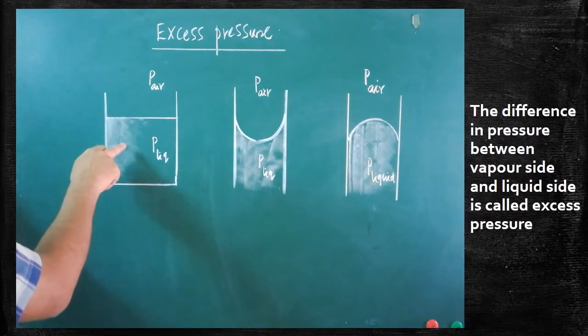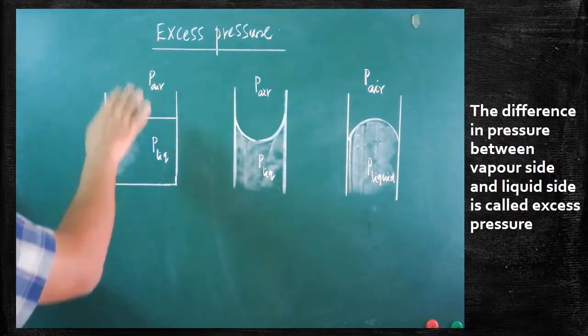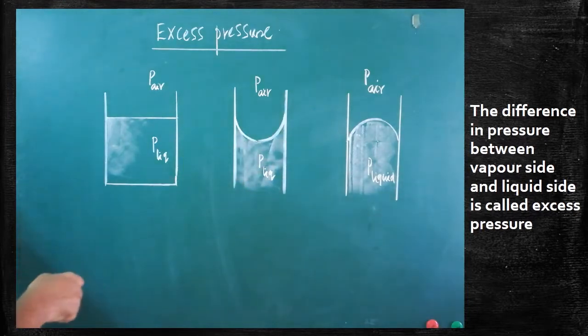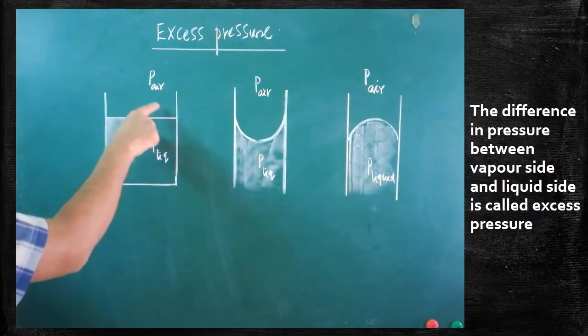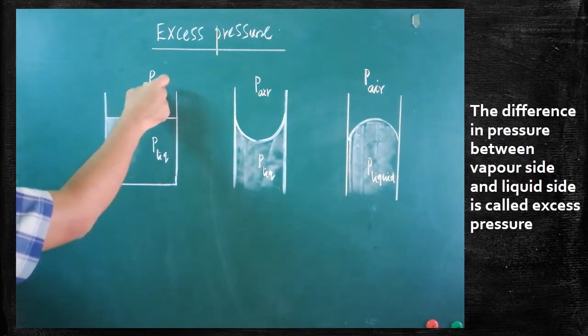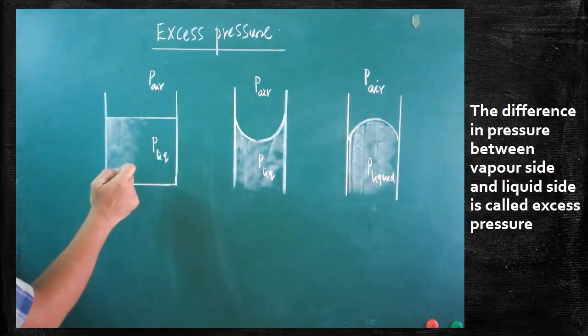First, we will see what is the meaning of excess pressure, the term that should be known in all three examples. Here the surface is flat because the air pressure is there, which can be written as P air. Here within the liquid some pressure is there, that is called P liquid. Are you clear?